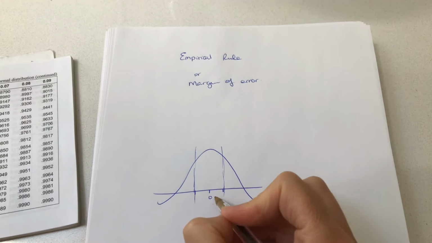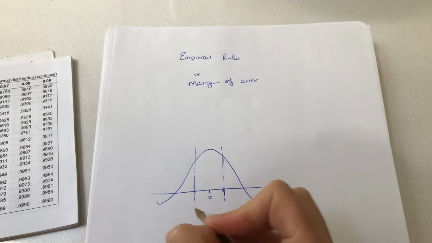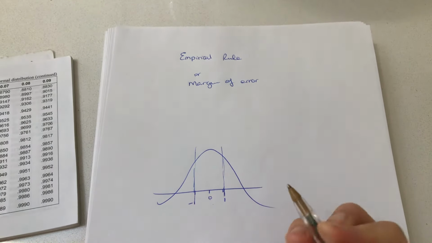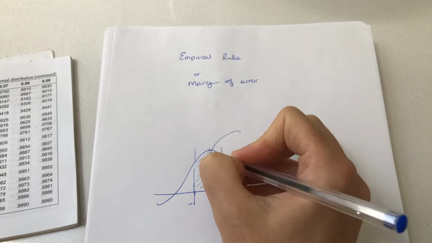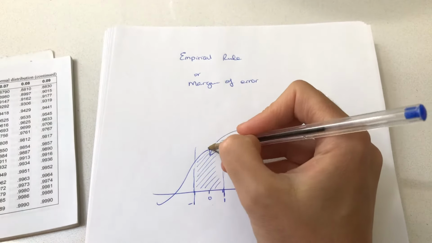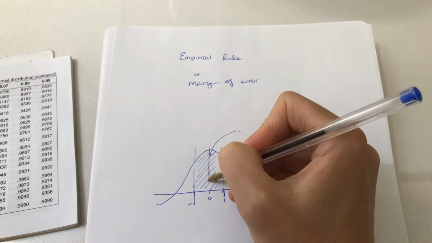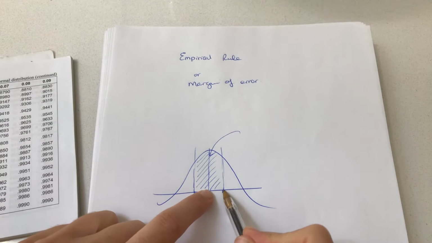So if this is a Z-score of 0, which means you're on the mean, then this is your 1 and this is your minus 1. How will we get to figure out the percentage of people that lie, either side, one standard deviation either side? And what I would do is, I'm just going to split this down the middle, and I'm going to find this little bit here.